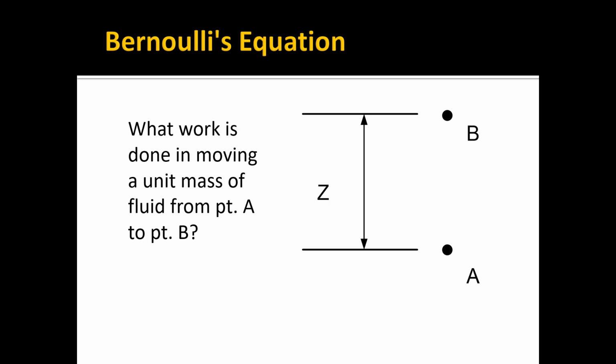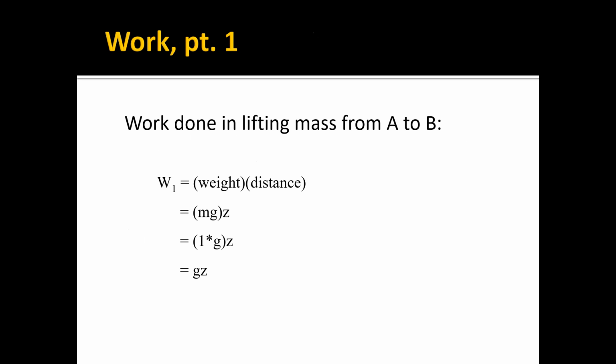So there are different components of the work that's required to move the mass. Part 1, let's just look at the work done in lifting the mass. How much force is it going to require? As you may recall from physics, work is defined as force times distance. In this case, the force required to move it from A to B would be the weight of the water, of the mass.